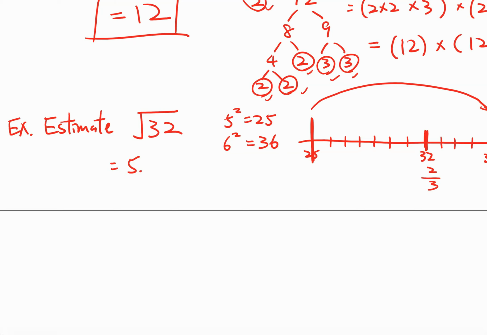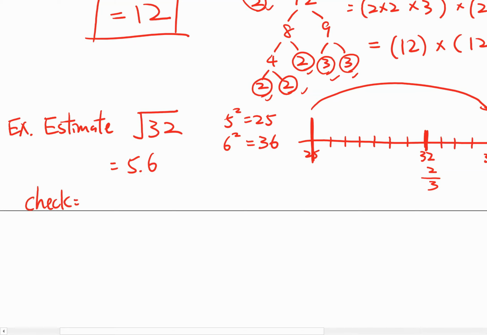So then I'm going to estimate root 32 would be close to 5.6, because it's about 2/3 of the way. And we know that 2/3 would be 0.66 repeating. So, if you want, you can guess that it could be 5.7. That's fine. But I'm going to go ahead and say 5.6, okay? And we can always check.